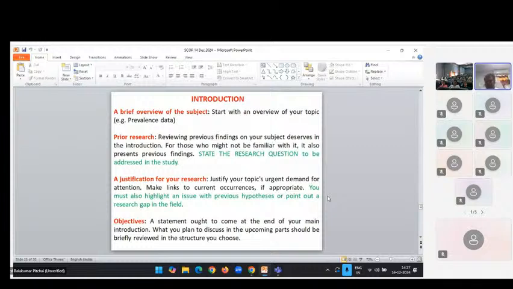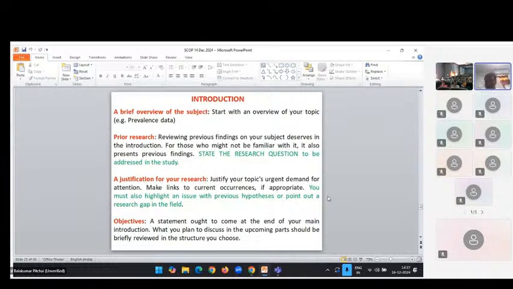If you write, for example, the introduction for your manuscript, you need to briefly overview the subject. For that, you need to enter the prevalence data in the first paragraph of your introduction. That should come from the World Health Organization and some other recently published articles. We published along with Dr. Jagdish one paper in 2016 in Pharmacological Research that got cited around 800 times.